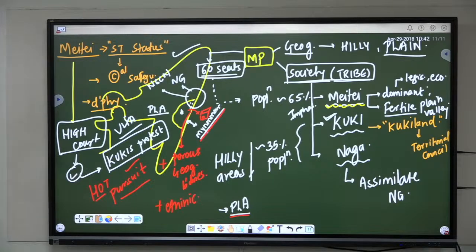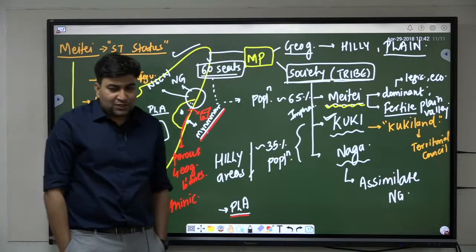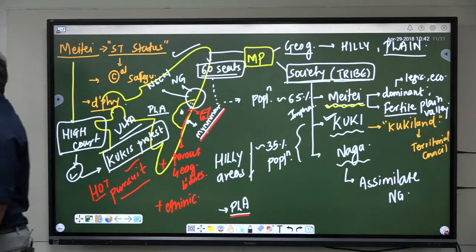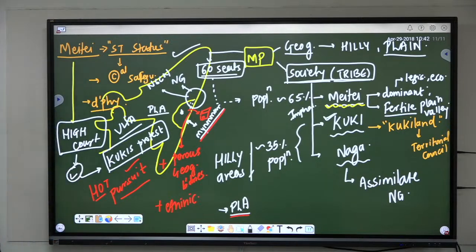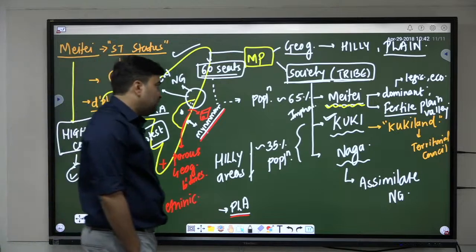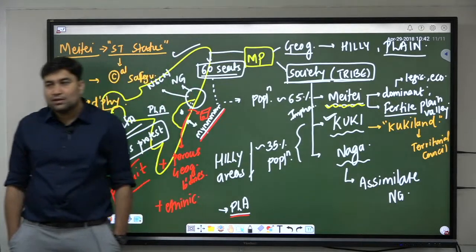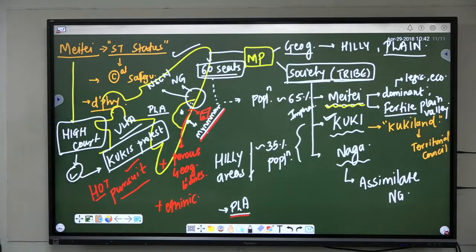Next to that, Nagas' demand. Naga tribes, second. They want to integrate hilly parts into greater Nagaland. Next, Kuki tribes.